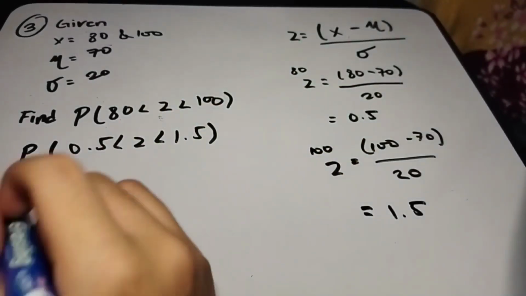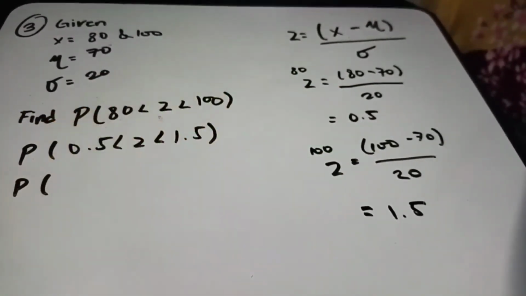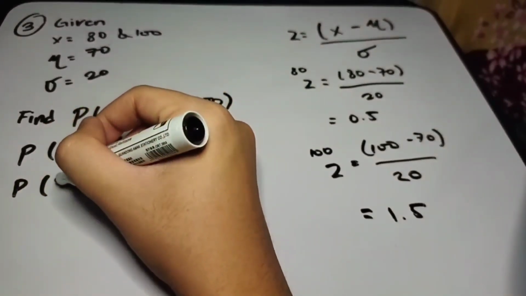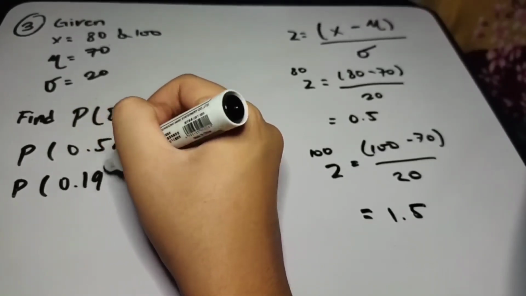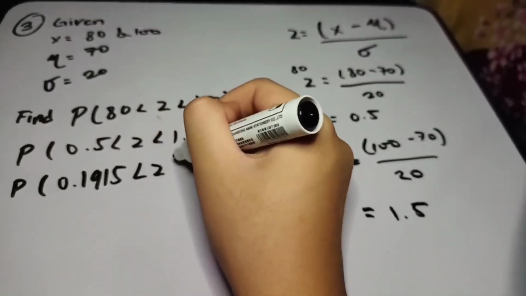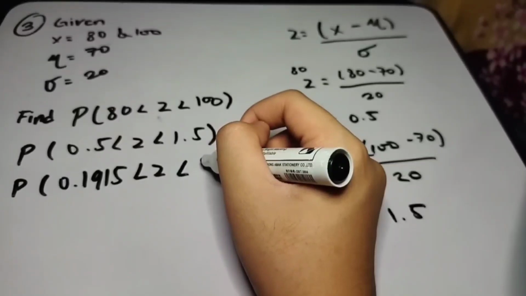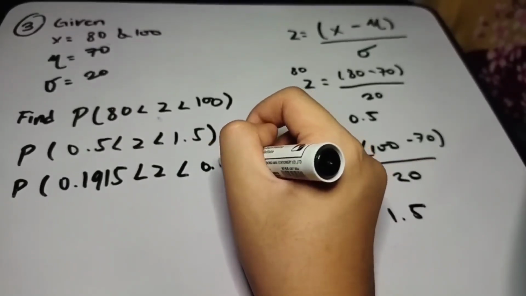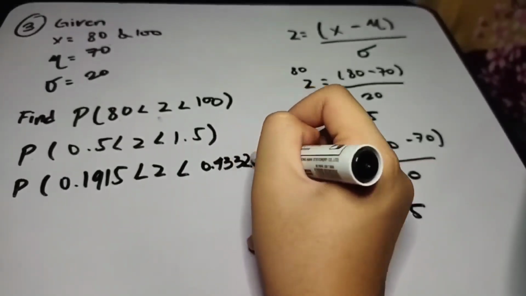So now we should find the values of 0.5 and 1.5 in our distribution table. So that will be, for the 0.5, we will have 0.1915. And for the 1.5, we will have 0.4332.